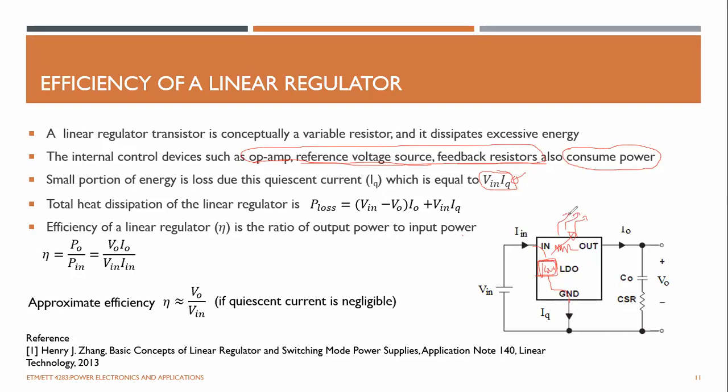This quiescent current is essential because sometimes you need to enable or disable the load. There is a pin called enable in the LDOs. In standby mode, you can disable your output, and then only the control circuit consumes power.